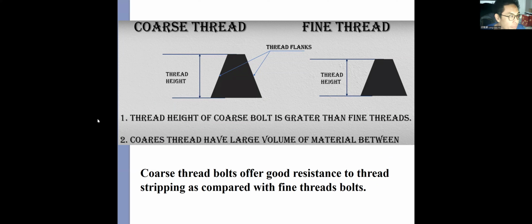The coarse thread has a larger volume of material between. And coarse thread bolts offer good resistance to thread stripping compared with fine thread bolts.